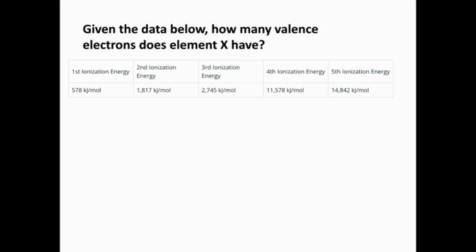But after you remove those 3, the last shell is a full shell, and so it will require a lot more energy to lose an electron, since those electrons are now closer together. So that means it'll be 3 valence electrons.